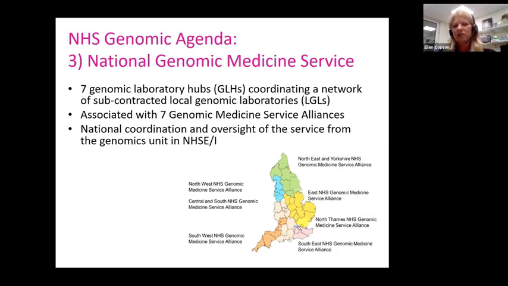That network is completely responsible for all genomic testing now and going forward. We now have 7 genomic medicine service alliances alongside those, working in parallel on the clinical aspects of genomic medicine. And all of this is looked over by NHS England.